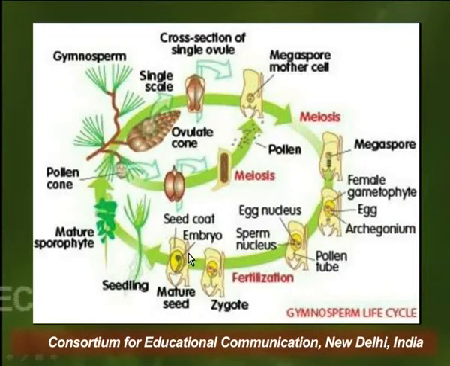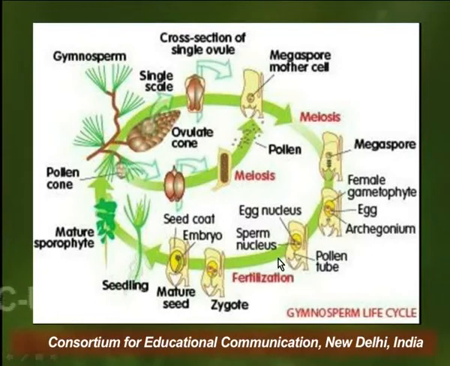The entire life cycle can be represented with the help of this diagram, where you can see that from the female cone and male cone, male pollen grains and female structures come together, they fuse, meiosis takes place, the megaspores are formed, the eggs are formed, and the pollen tube is formed.